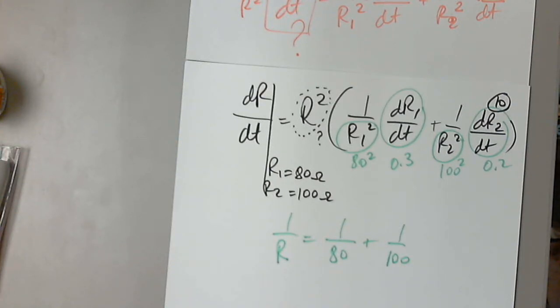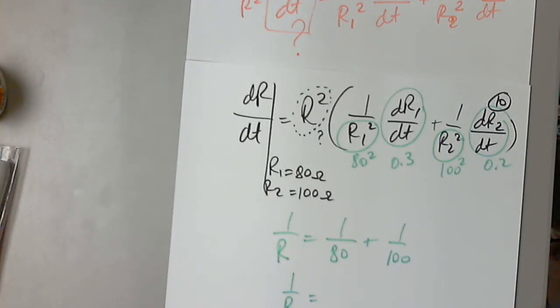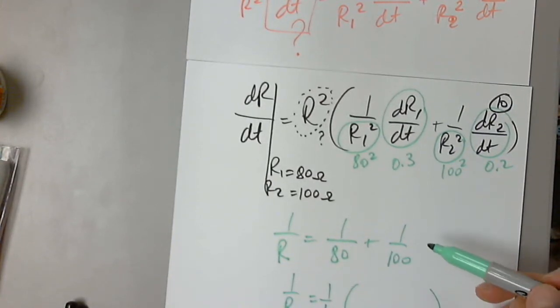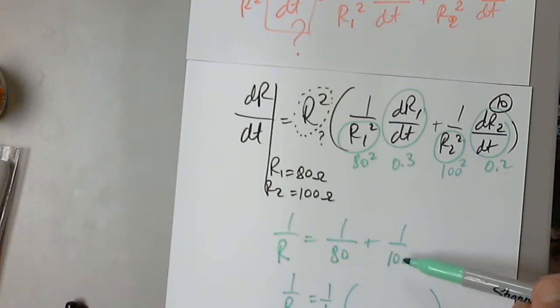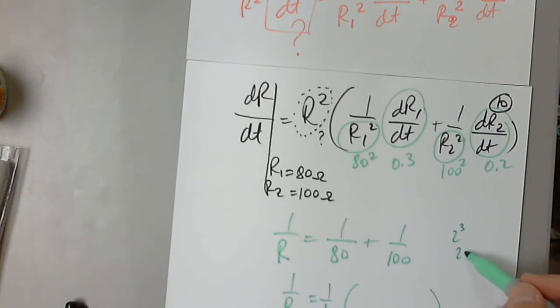So I need the least common denominator, which is, so this is 2 to the third and this is 2 times 5. I just disregarded a 10. I can put 1 over 10 in front so I don't worry about it. So 8 and 10. Yes, 2 to the third and 2 times 5, it has to be 40. Perfect.